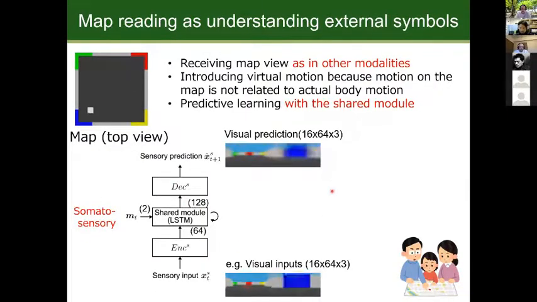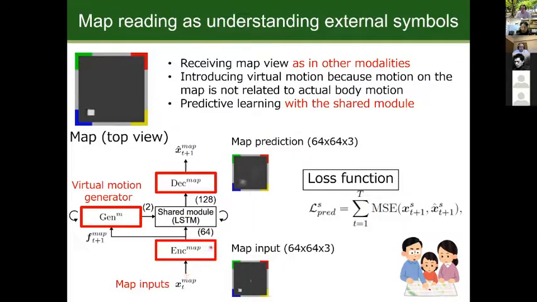This is the current model of the shared module neural network, but we just give this map input to it. For the map input, the shared neural network has a different encoder and decoders. Also, with this map, the motion is not related to the actual motion, the moving forward, the moving back.